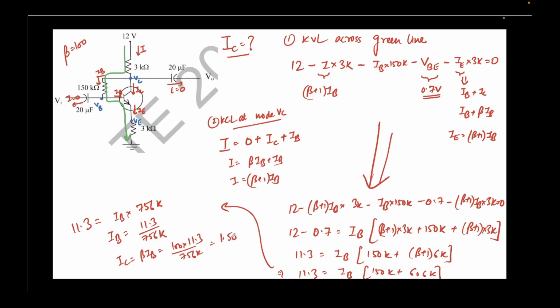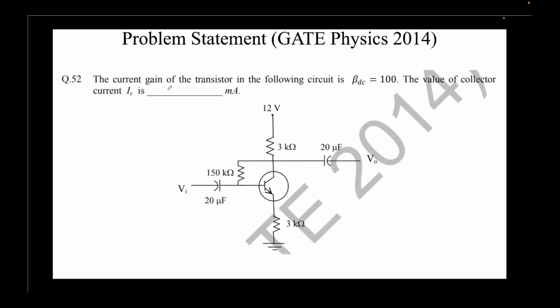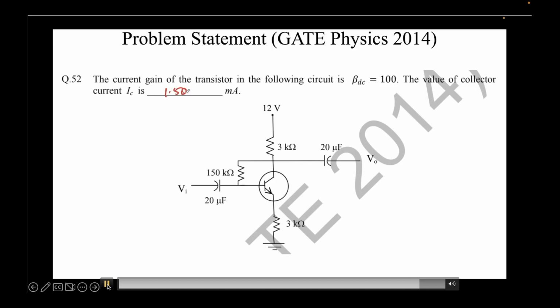I'm rounding it off, it's actually 1.495. So we have calculated IC as 1.50 milliamps. We'll put this answer here, and that is all that was required for us to do.